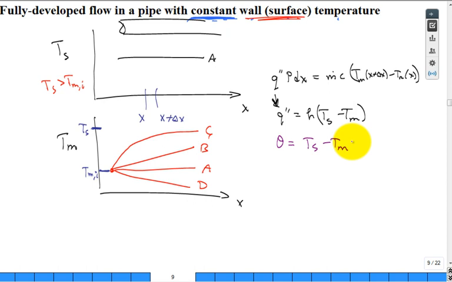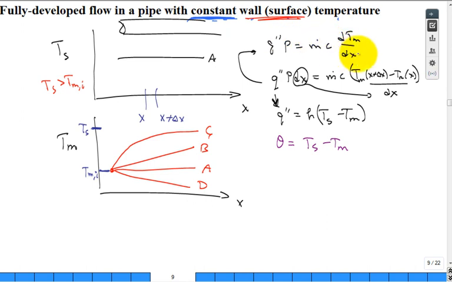All right, so here what we do is we have, I should have divided this by delta x, put that dx over there. So this energy equation is Q double prime perimeter equal to m dot c dTm dx. True? Okay. Now take and get the derivative of theta with respect to x. What is the derivative of, let me do this one, minus dTm dx.